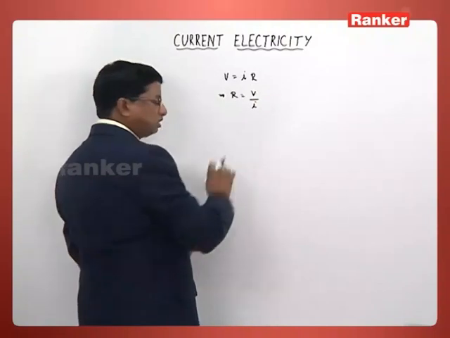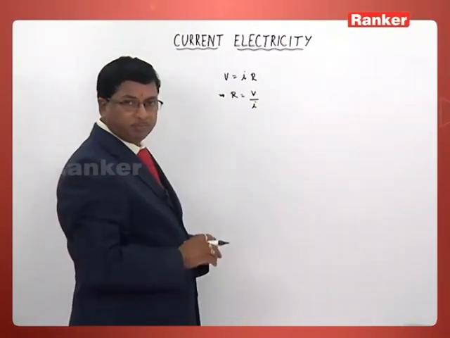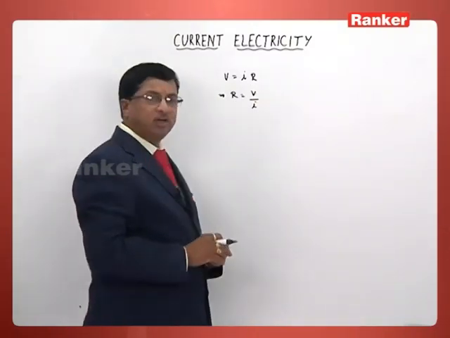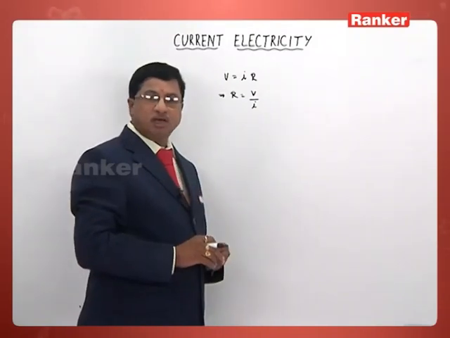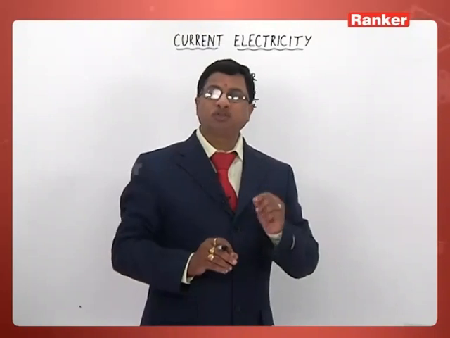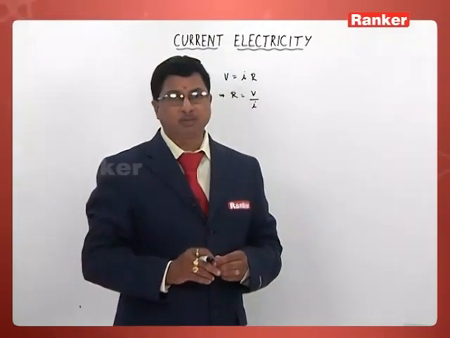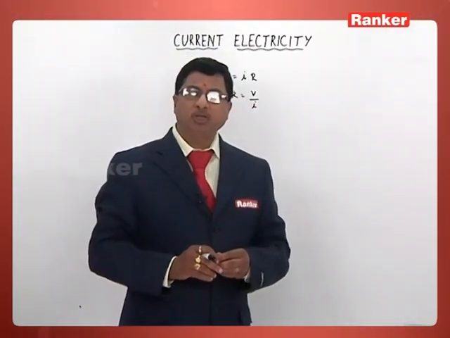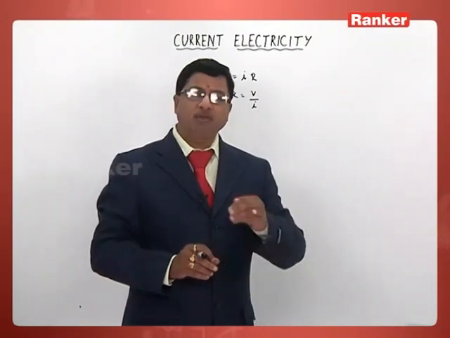This concept is very common, and every one of you can understand that Ohm's law is not a universal law. That is one theoretical point one has to understand. It is not going to be valid in every conductor.